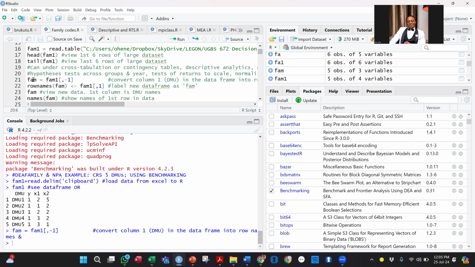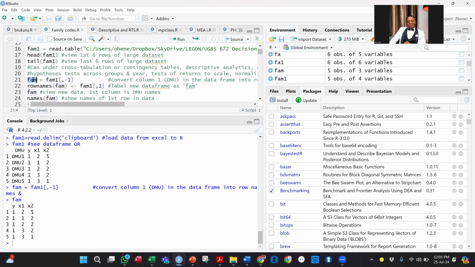When you run it and show this result, you will see that the DMU column has been removed. Now we insert it back by replacing the numbers 1, 2, 3, 4 on the far left column with the names of the DMUs that were removed.